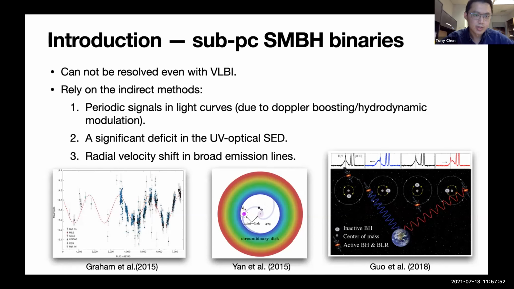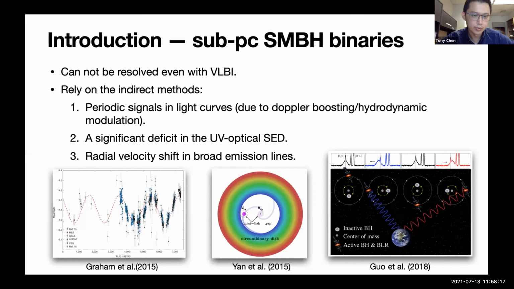For example, the periodic signal in the light curve, as we have seen in the previous talks, either due to Doppler boosting, which is like a simple sinusoid, or due to more complicated accretion models such as the hydrodynamic modulation from the black holes.